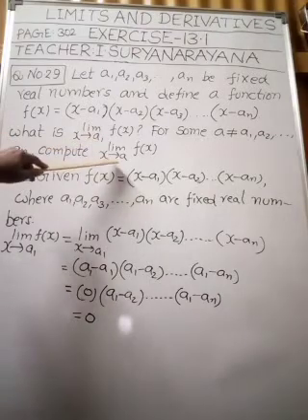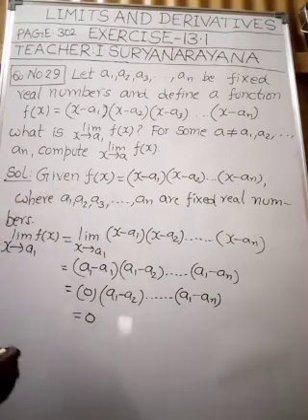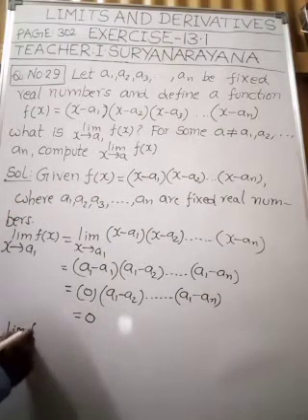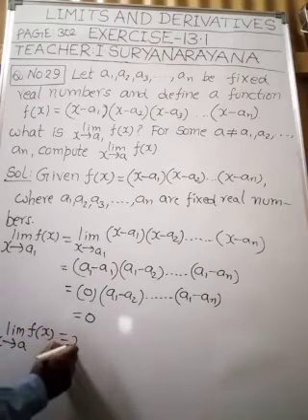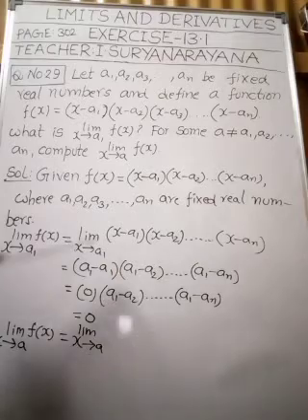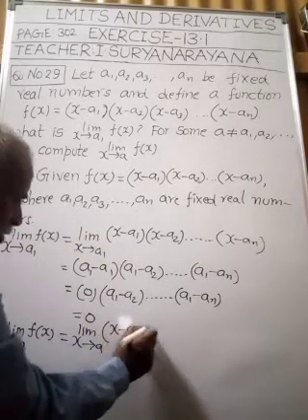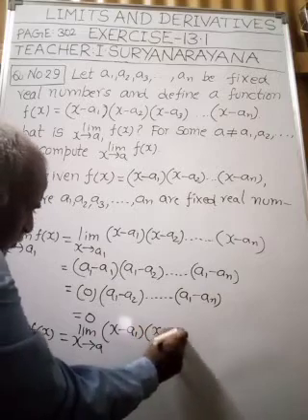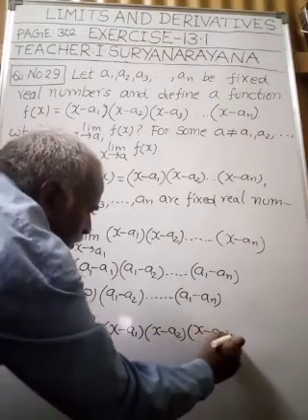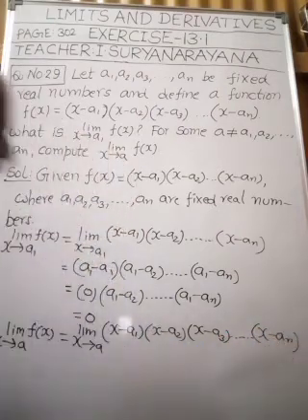Right. Similarly, let us find the second part. Let us compute as x approaches a. As x approaches a, limit f of x is equal to limit as x approaches a of x minus a1 into x minus a2 into x minus a3 and so on, x minus an.